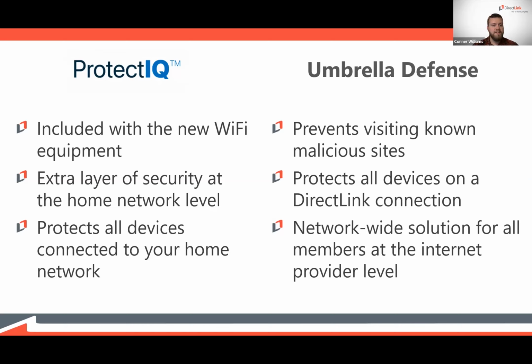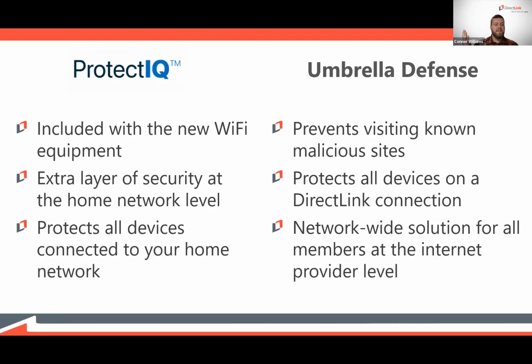We see a lot of instances these days of Wi-Fi network intruders. There's different types of systems and even scammers out there that attempt to penetrate a Wi-Fi network to connect to other devices on that network, to do a variety of different things with them: steal personal information, record keystrokes, things like that. And of course, we don't want that to happen to our members.